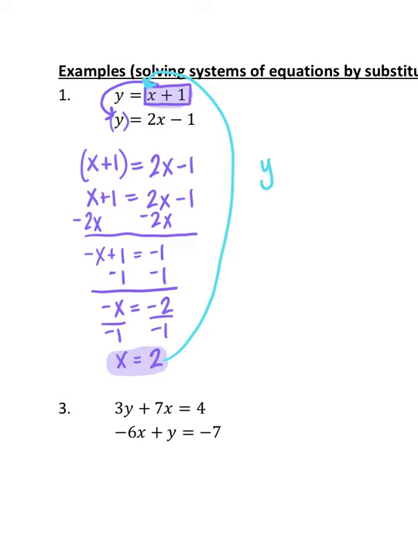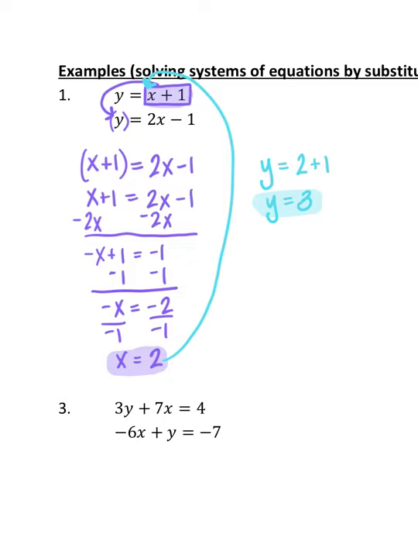So I have y equals 2, because that's what x is, plus 1. Y equals 3. And that's my answer. You will always have an x equals something and a y equals something. And you can just simply leave it like this. X equals 2, y equals 3.